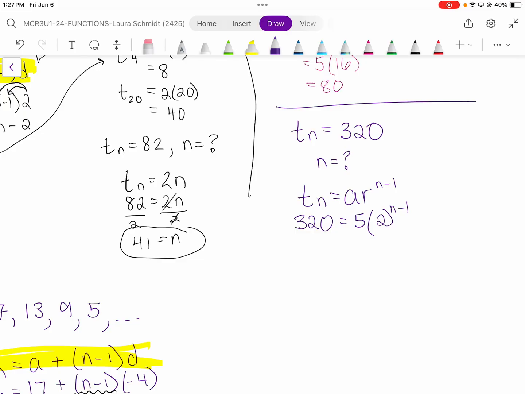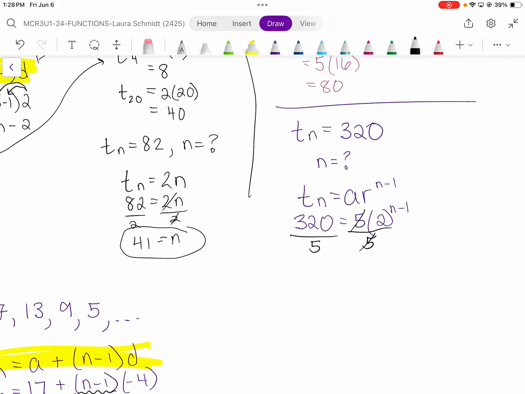Well, what could we do first before we start guessing? We could simplify something. Divide both sides by 5, because there's a 5 there. Then the 5 from that side would be gone. It would just be 2 to the exponent.